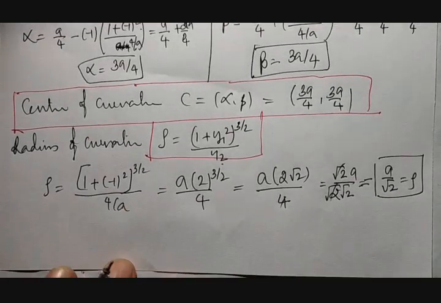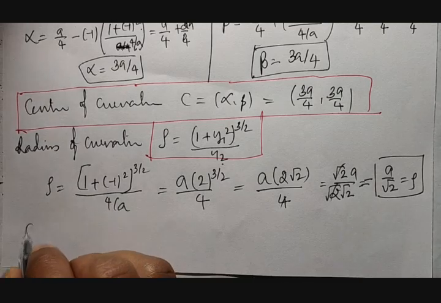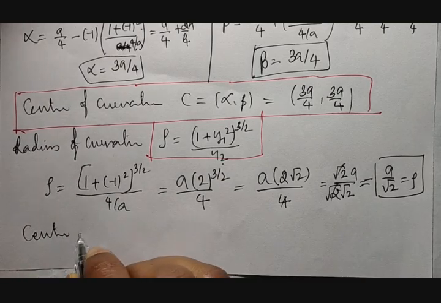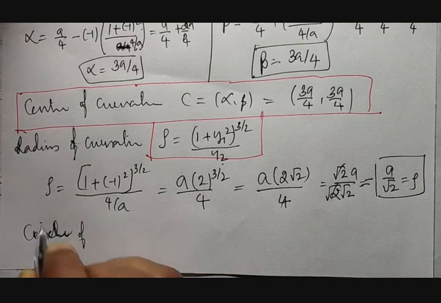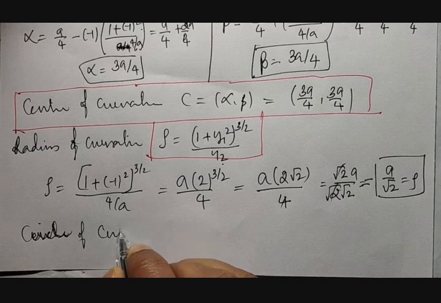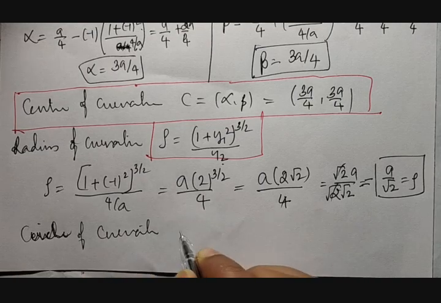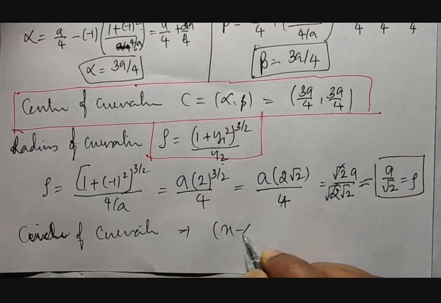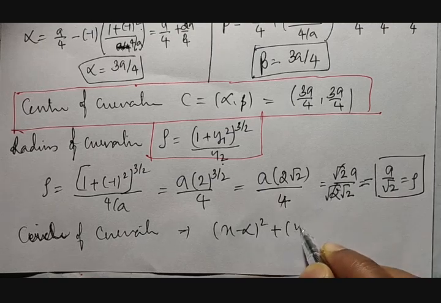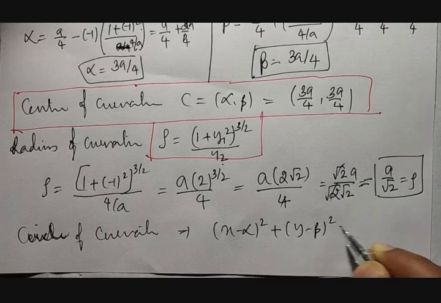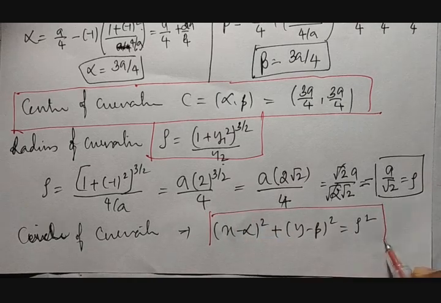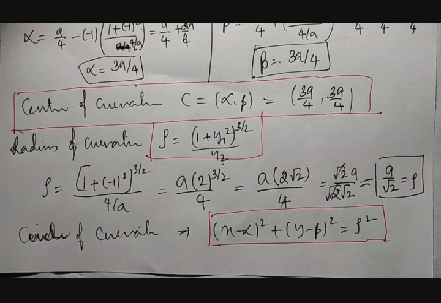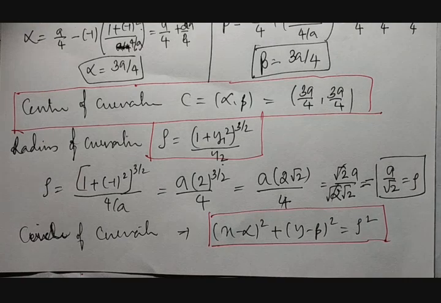Fine. Then comes the circle of curvature. The circle of curvature is (x minus alpha) square plus (y minus beta) square is equal to rho square. Therefore, substitute the values of alpha, beta and rho, which are already calculated.